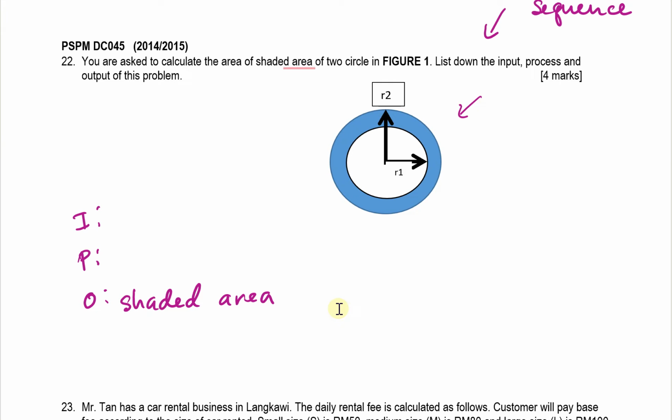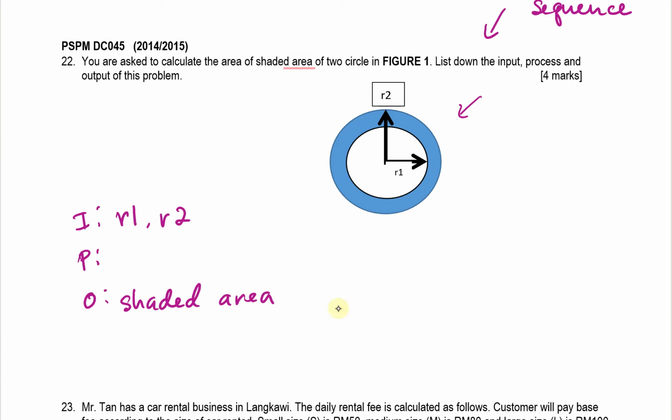Okay, then what is your input? Actually this one is only the IPO. So the input is, of course, R1 and R2. Remember in IPO you don't have to write any formula. You only need to write the formula in the pseudocode, flowchart, and of course the coding.